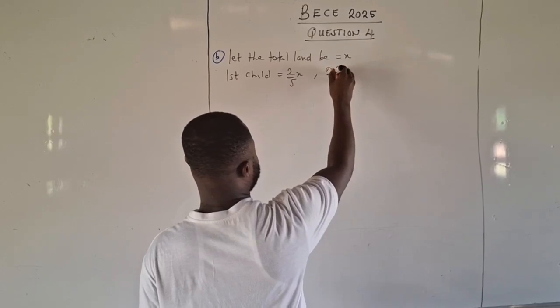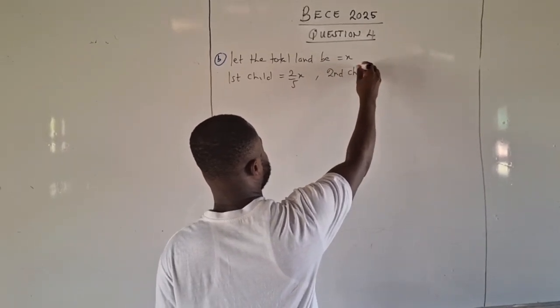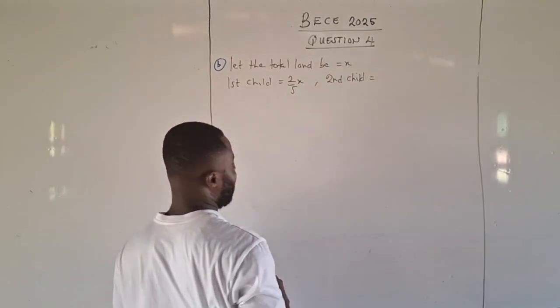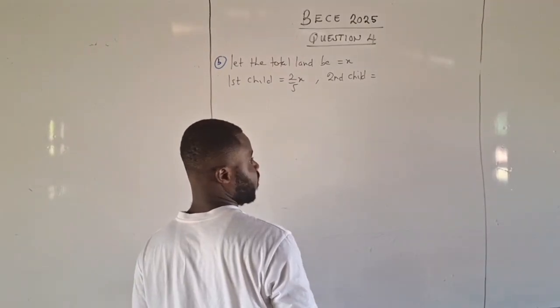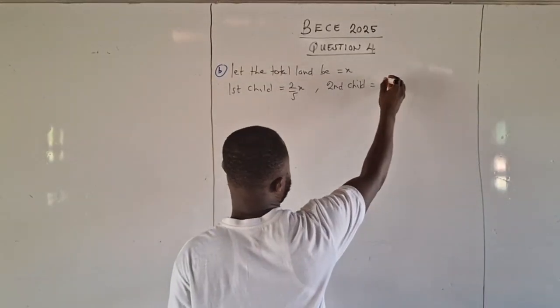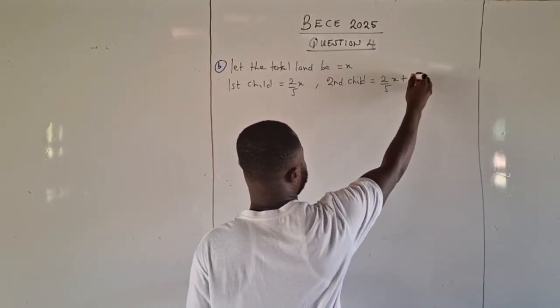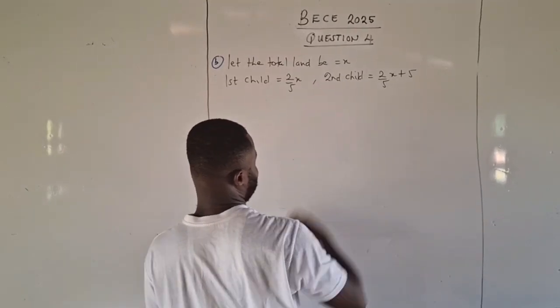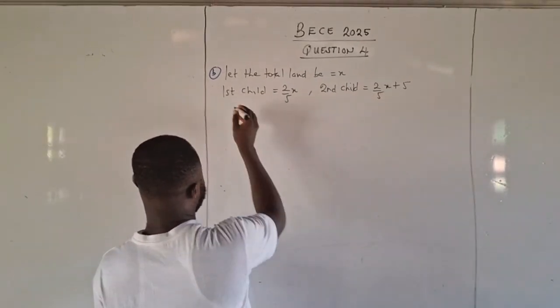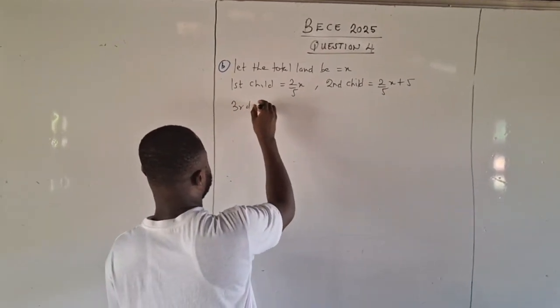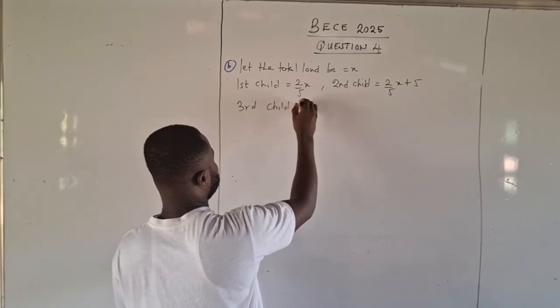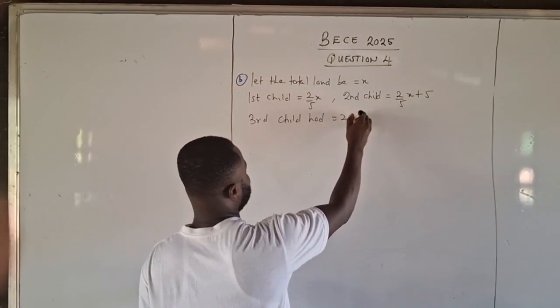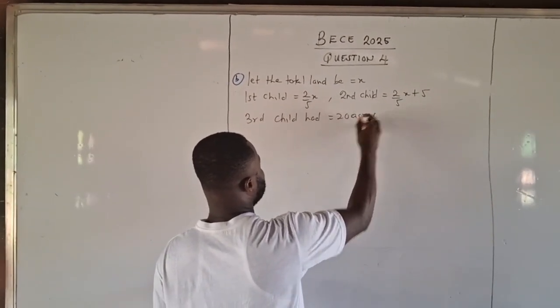And the second child had 5 more than what the first child had. So if the first child's own is 2/5 x, the second child will have 2/5 x plus 5. And we know the third child had 20 acres. His own was given.